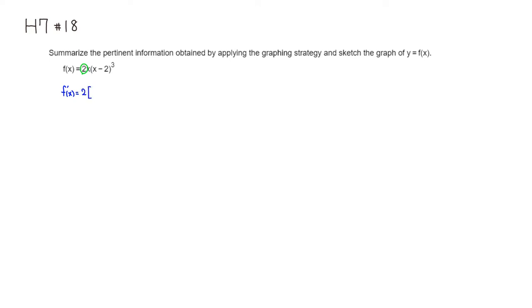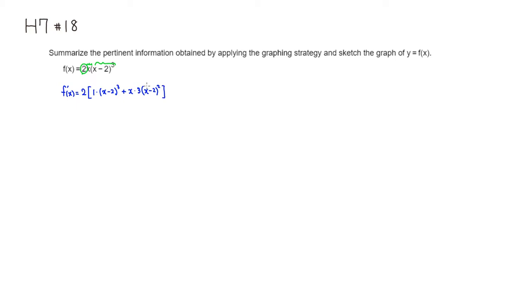Then I'm going to use the product rule, because this is the first guy and this is the second guy. The derivative of x is 1 times the second guy, x minus 2 cubed, plus the first guy times the derivative of the second guy, which is 3 times the quantity x minus 2 squared.